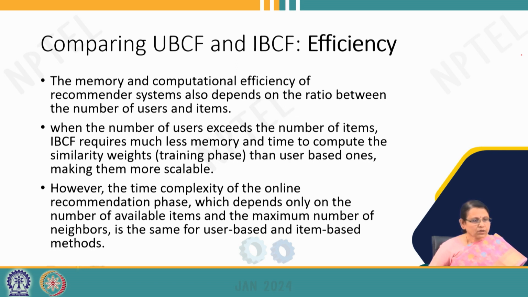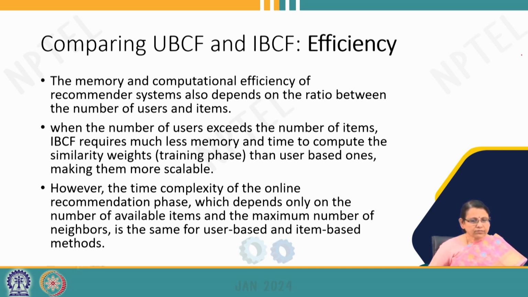Now, efficiency here also depends on the ratio between the number of users and number of items. When the number of users exceeds the number of items, item based collaborative filtering, which finds the similarity between the items, will be much faster. Therefore, such a system will be scalable.